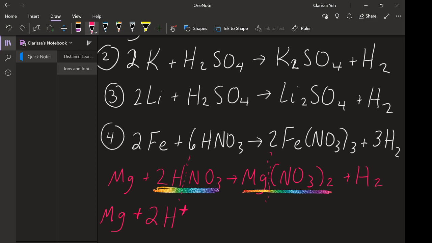Because that 2 belonged to the entirety of the compound HNO3, that means I also have 2 lots of NO3. And nitrates, NO3, form a 1 negative charge.